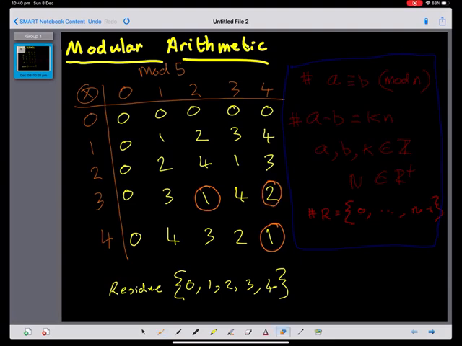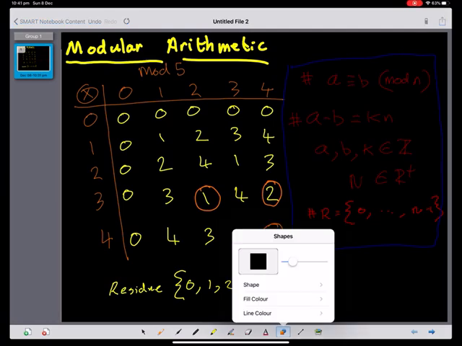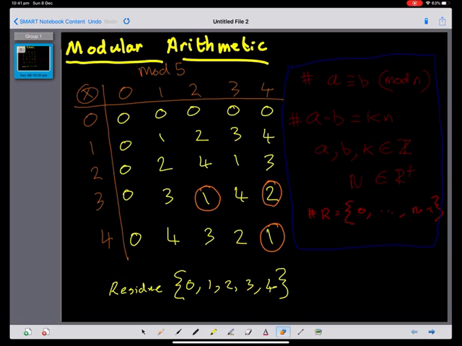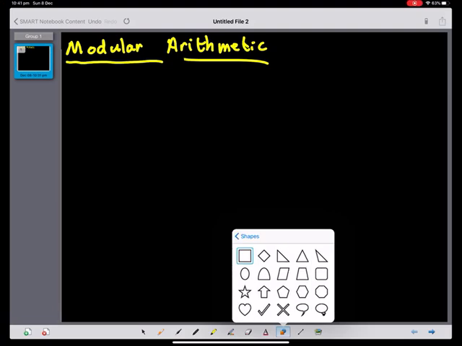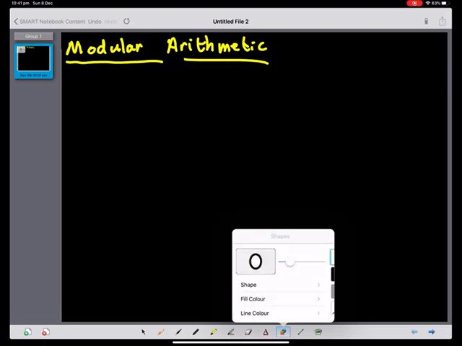Okay, so let's look at another quick example, and then we'll explain the maths to do with modular arithmetic. I think the best example to give is to use something which we see every day. That something is a clock.